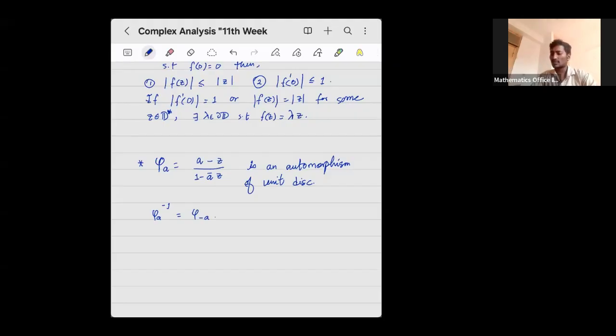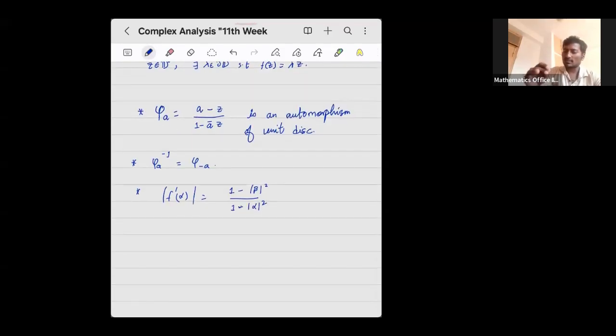We found that the modulus of f prime of alpha is at most (1 minus modulus beta squared) divided by (1 minus modulus alpha squared).